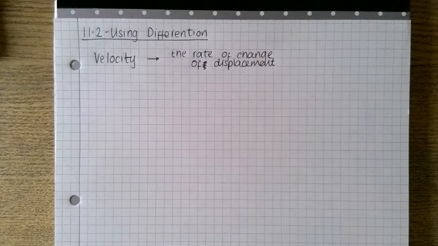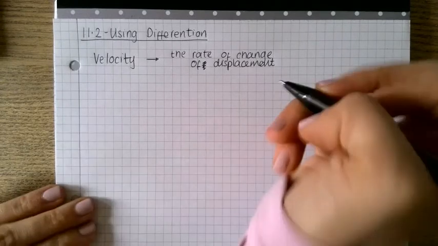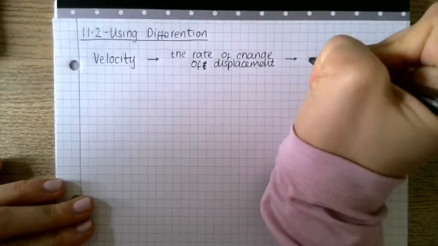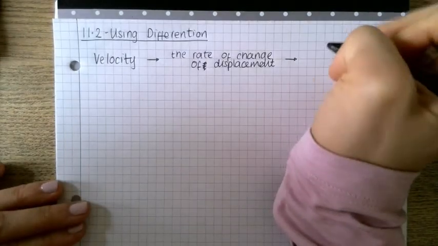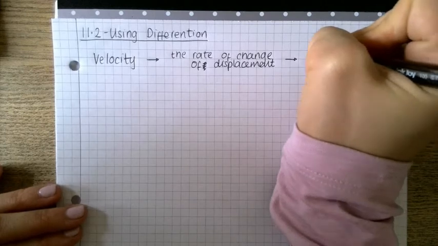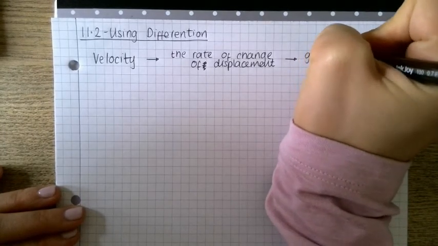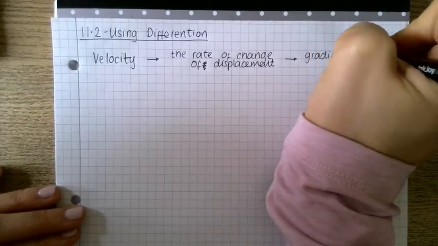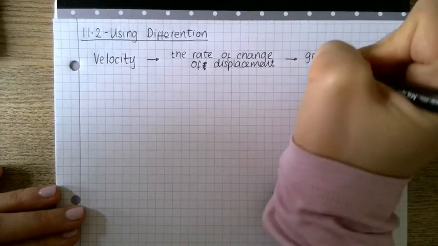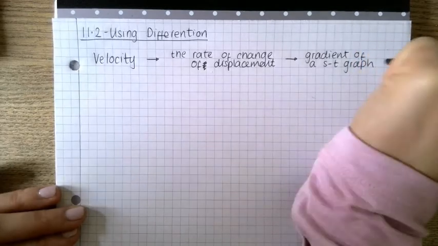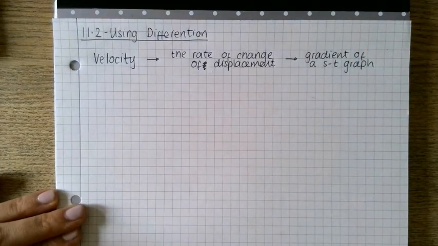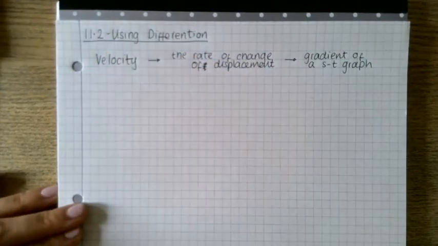We know from working with distance time graphs and displacement time graphs that velocity can be found by calculating the gradient of a displacement time graph. And we know that gradients are related to differentiation, so we'll come on to that in a second.